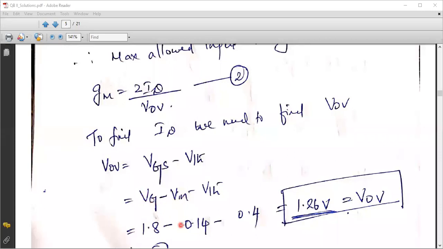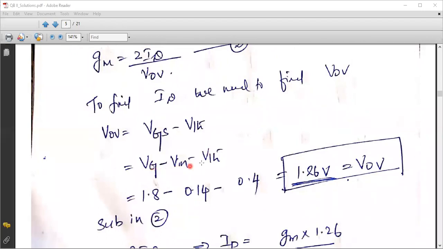VG is 1.8. Vin already you have computed 0.14. That is the maximum allowable input voltage. So if you substitute the maximum allowed input voltage, correspondingly, we will get the maximum allowed current ID. I'm taking the maximum value of input voltage, okay? So that will produce a maximum output current.